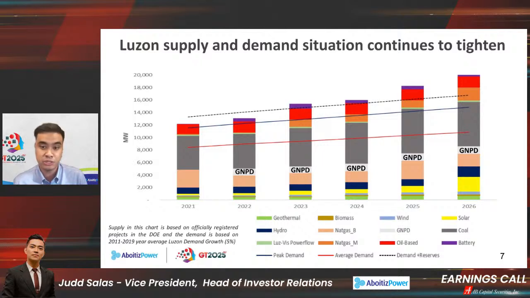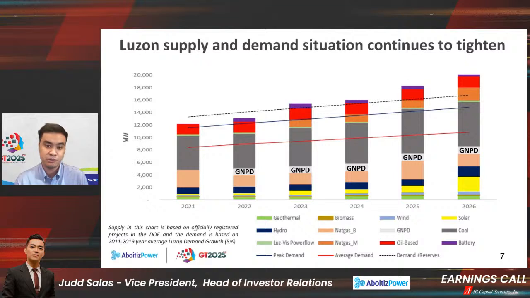Another pressing issue is the depletion of the Malampaya gas field. It is the source of supply of fuel for the natural gas plants, which is the second source of power in the Luzon grid.